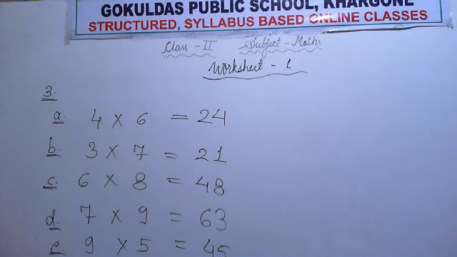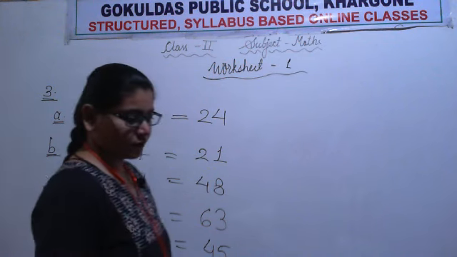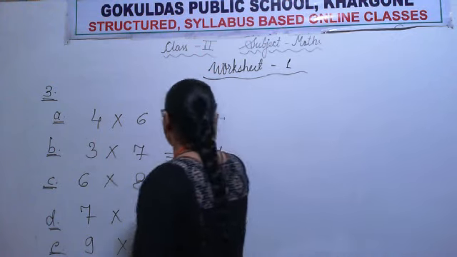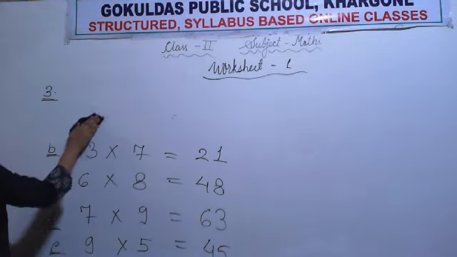Just remember, while doing Kelly's multiplication table based questions, row into column, just keep one thing in mind, that is row into column. Okay, so hope you all checked your answers.